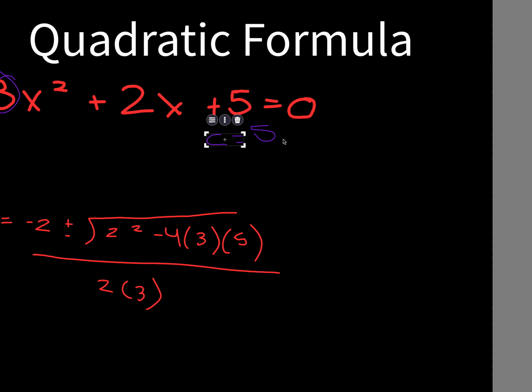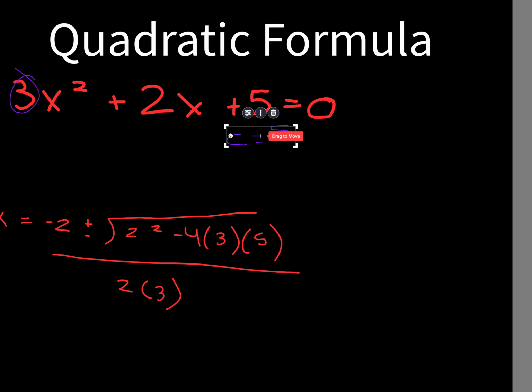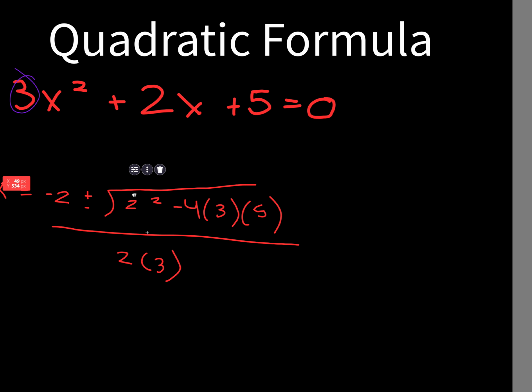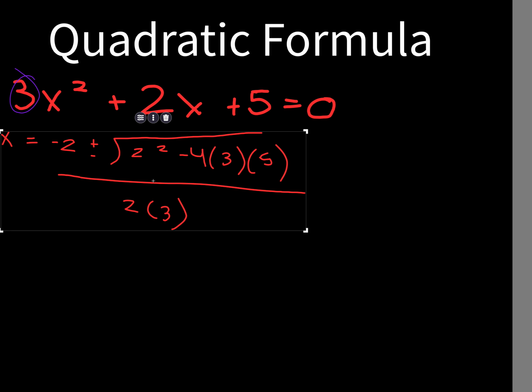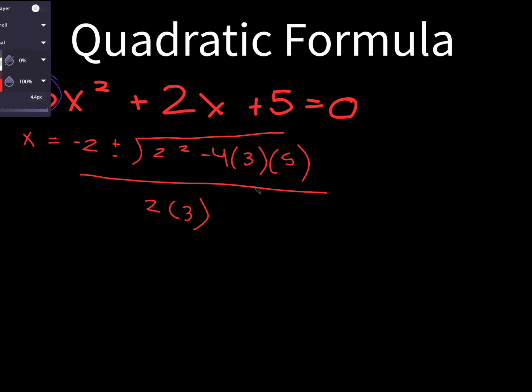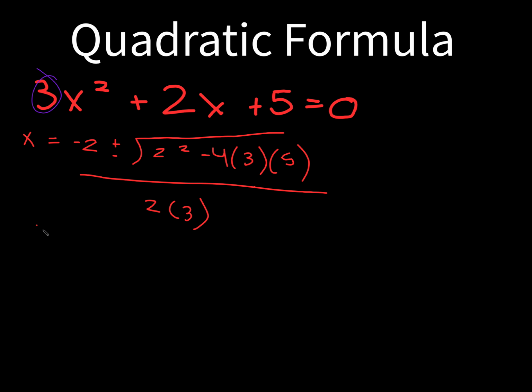Now that we've got everything plugged in, solving and simplifying is really the last step we're going to do with this problem. Okay, just bringing down this x equals and negative 2 since there isn't much we have to do. We originally started with a positive b, so we're just going to make it negative, that is all.